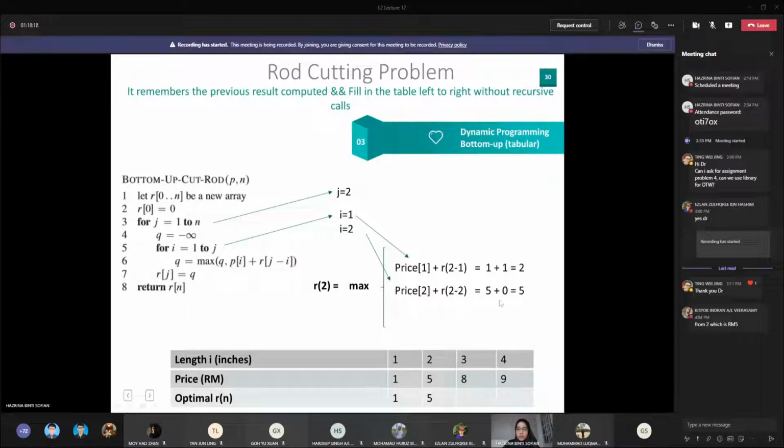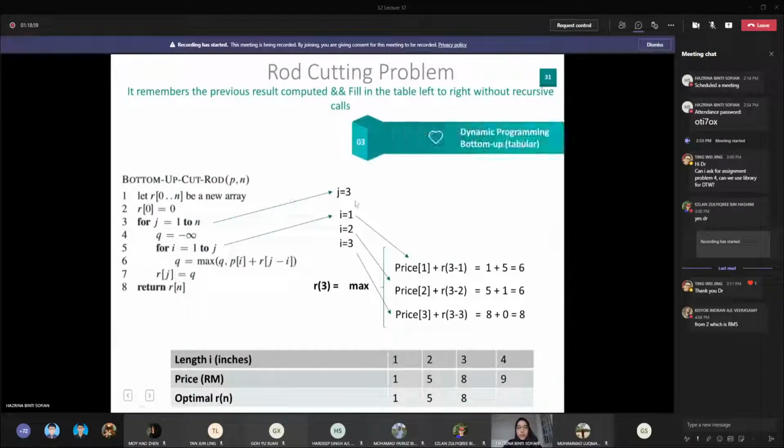We take the maximum, therefore we take 5 and update into the table. So just like how we understand naively, if we have 2 inches, the best revenue is 5 ringgit, where we don't cut it at all. Now I cannot go to 3 because j is only 2, therefore we break this loop and go back to line 3. Now j becomes 3.